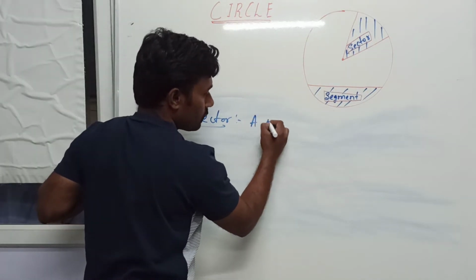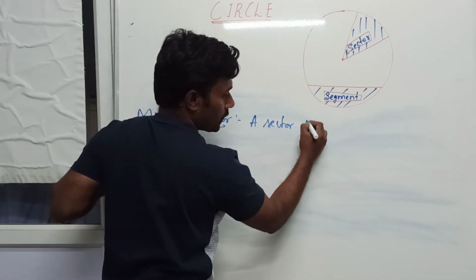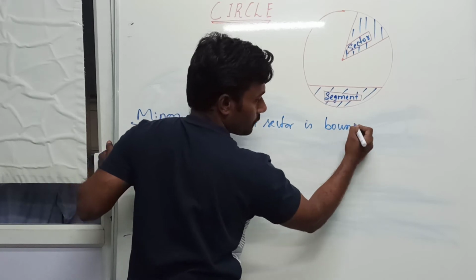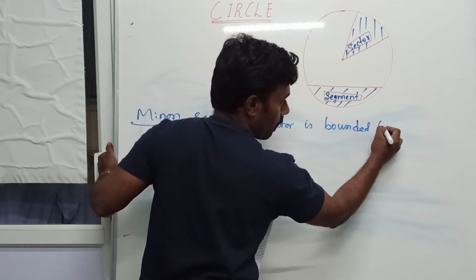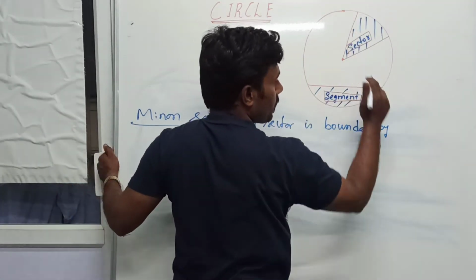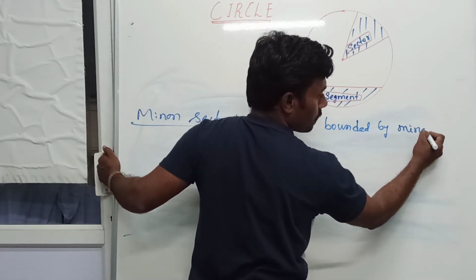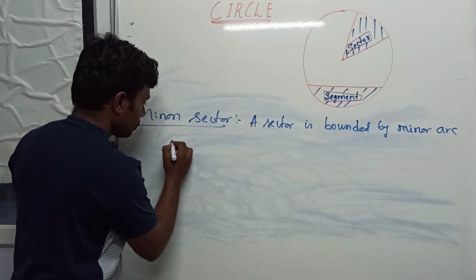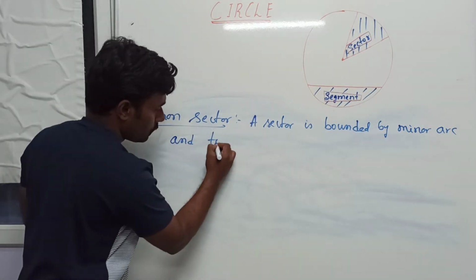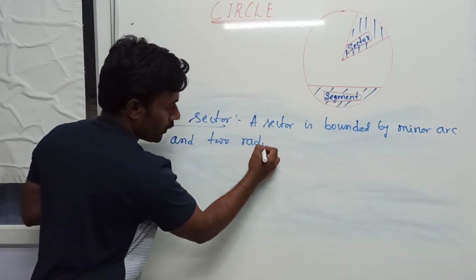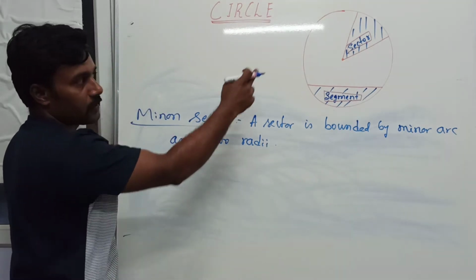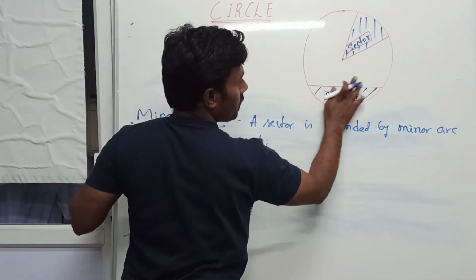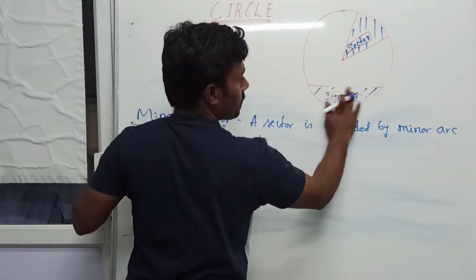A sector bounded by a minor arc and two radii is called a minor sector. And the remaining region is a major sector.